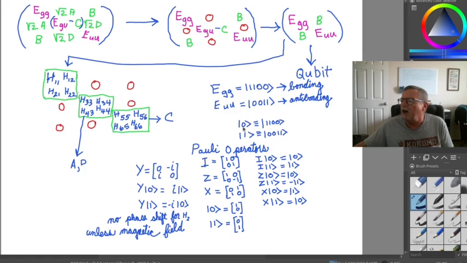So if I define 0 as the ground state and 1 as the anti-bonding state, then somehow this qubit can represent a whole bunch of superpositions in between here. Just like this represents superpositions between here. And remember, these B are the mixing states. It's not too clear yet, but I'm just going to keep pushing on so that we can find out something.